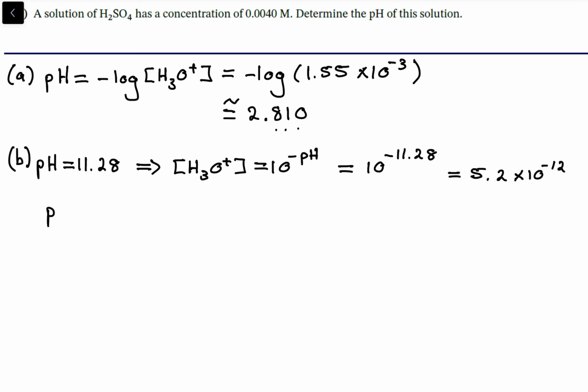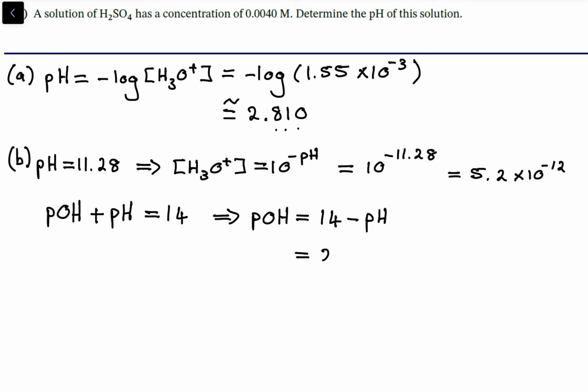And then we know there's a rule, or how we define pH and pOH. pH plus pOH must be 14. So we can determine the pOH to give us the OH concentration. That's going to be 14 minus the pH, 2.72.